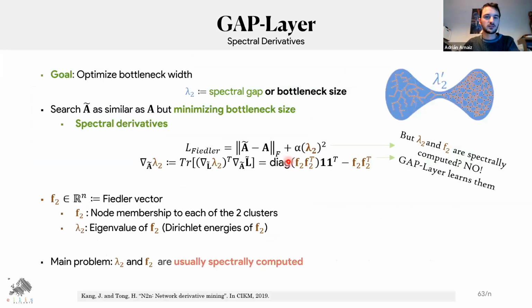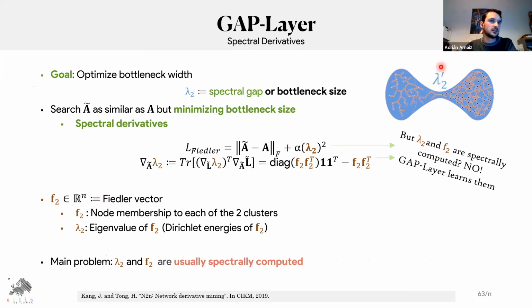Finalizing this inductive rewiring, the last part is the spectral derivatives. We have also proposed another layer, which is based on reducing the spectral gap. Maybe for some tasks you really need to minimize the spectral gap.